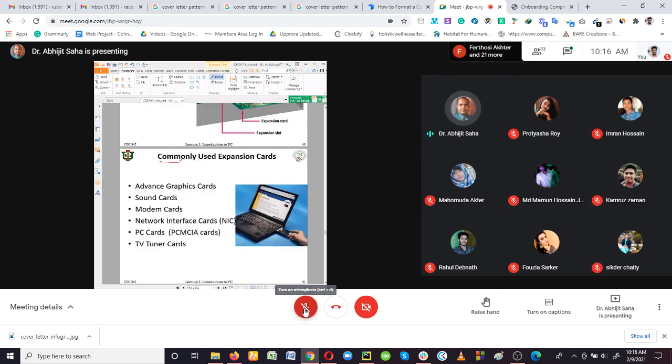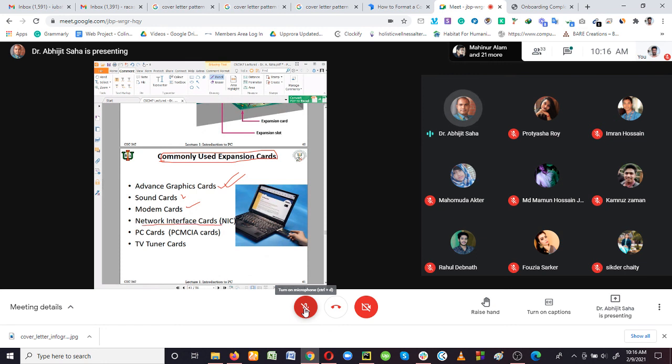So here it is showing some of the commonly used expansion cards. We have already talked about them. The advanced graphics cards like PCI EX16, 32, or 64. The sound cards that are installed into your PCI slot. Then we are having the modem cards that can be installed into your PCI slot.